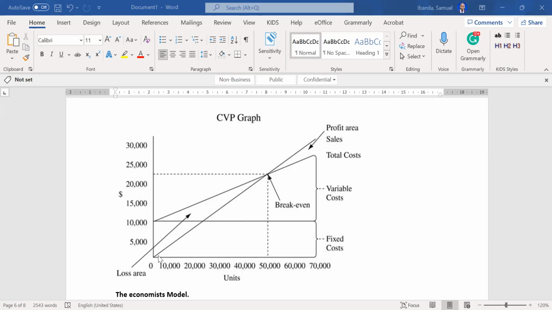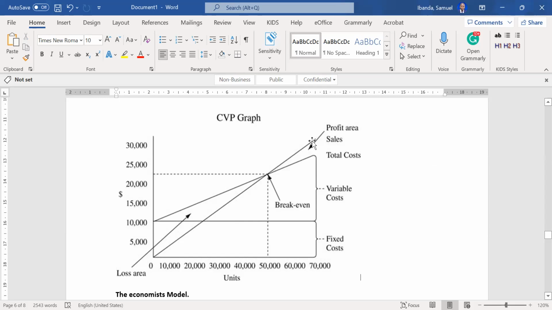So let's start from 0 here. As we can see, starting from 0, we see that our revenue grows with quantity.